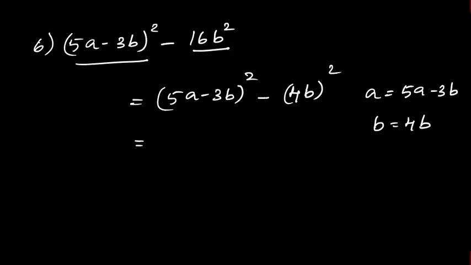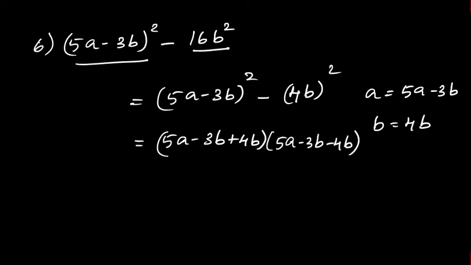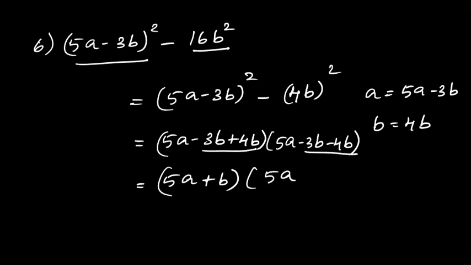So when we substitute a plus b, we get 5a minus 3b plus 4b into a minus b, 5a minus 3b minus 4b. So we have 5a minus 3b plus 4b, will get plus b. Then 5a minus 3b minus 4b, we get minus 7b.